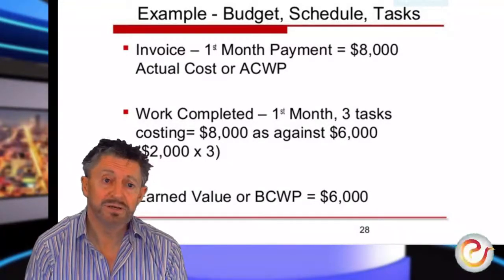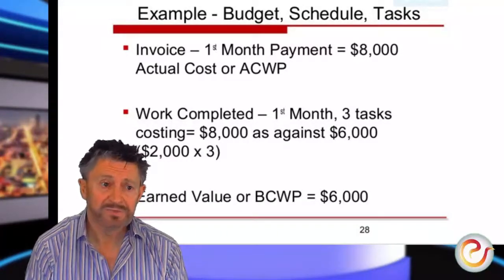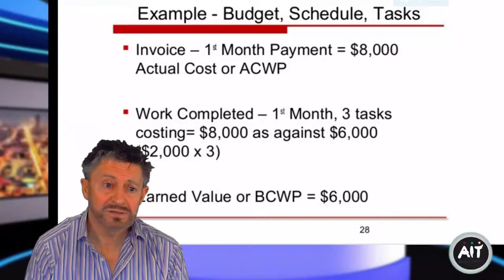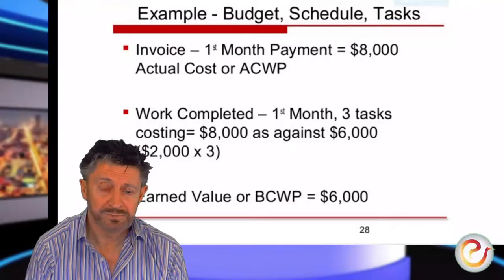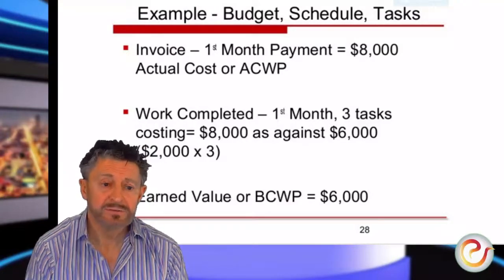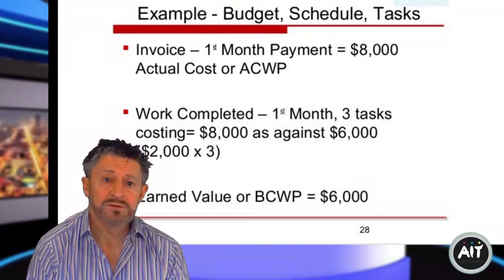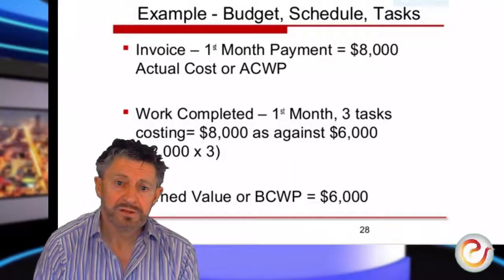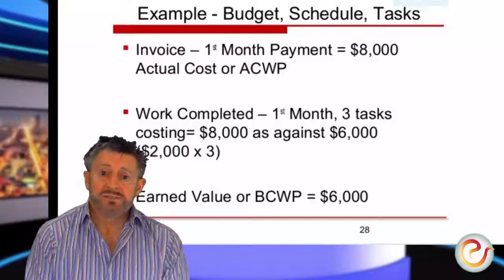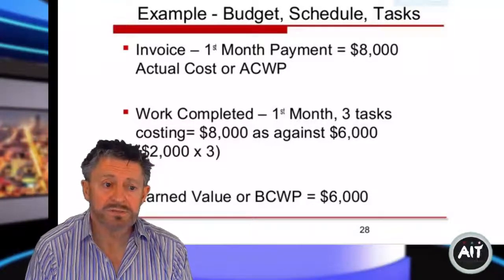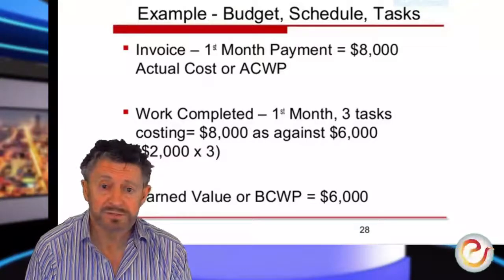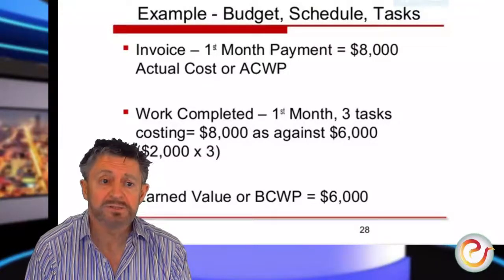But we actually completed only 3 tasks, and it cost us 8,000, and not the original 6,000 that we should have spent. So the earned value is 6,000 because that's all we've completed. We only completed 3 tasks. So that's the earned value, the budgeted cost of work performed. Those 3 elements are done, and each one costs 2,000, hence 6,000.